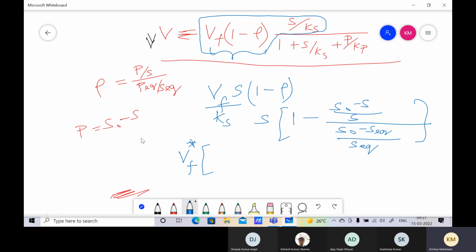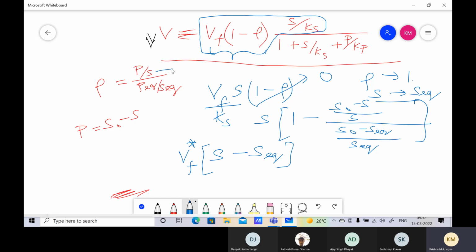where everything else is a constant in terms of S naught and S, and we have something like S minus S equilibrium. Notice that this term goes to 0 as rho approaches 1, which means as S approaches S equilibrium, because P will also approach P equilibrium from the other side.